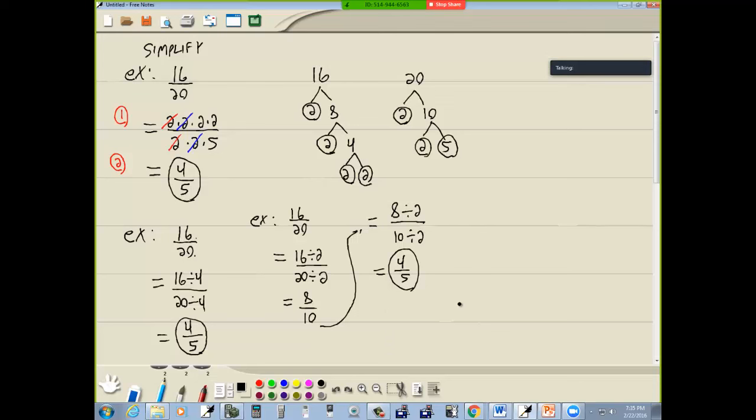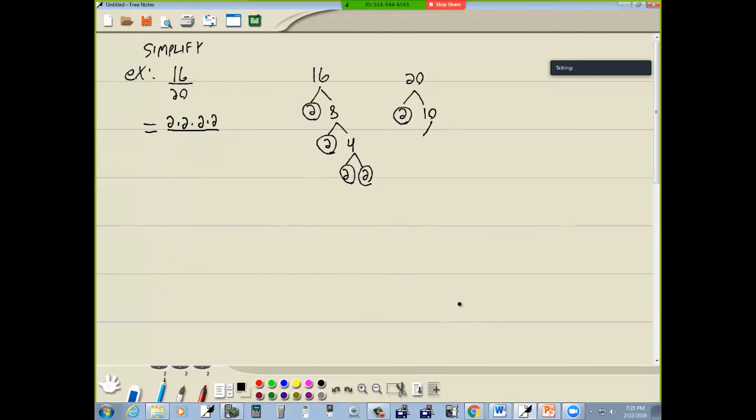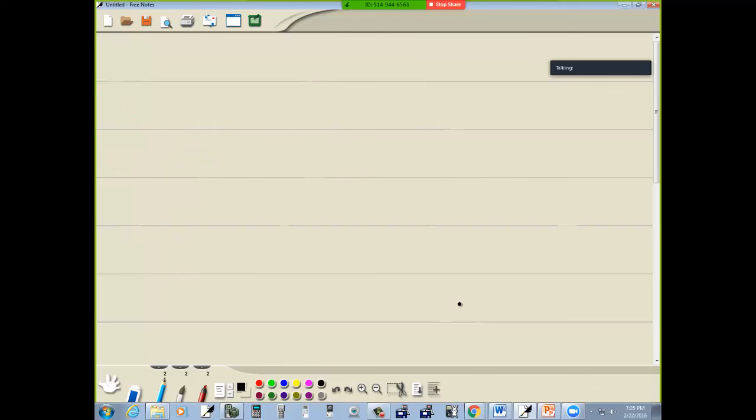Let's take a look at multiplying fractions. So I'm going to clear that off. Let's say I got 16 over 9 times 12 over, let's say, 20, and we want to multiply those together.